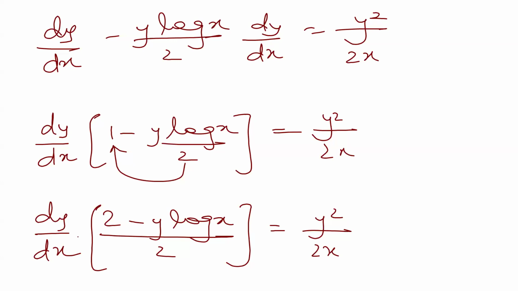So cross multiplication, I leave it up to you. You can do the cross multiplication part. And once you cross multiply, the 2's will get cancelled. This 2 and this 2 will get cancelled. So the next 2-3 steps, I leave it up to you.